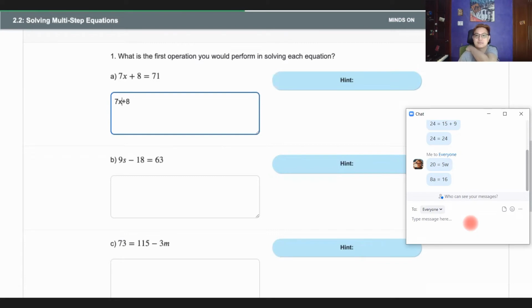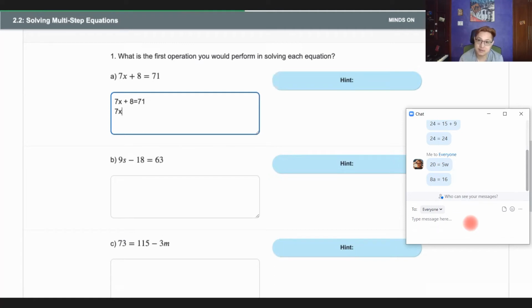8 equal 71 minus 8. Careful, careful. On the left side you have a minus 8. You put minus 8 only on the right side. You haven't done it on the left. Yeah.